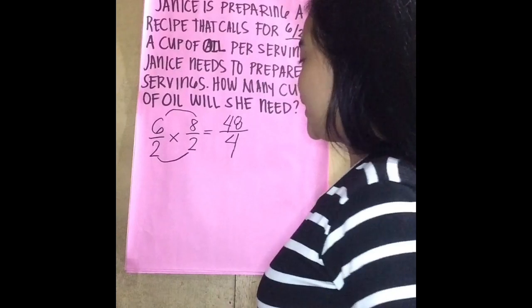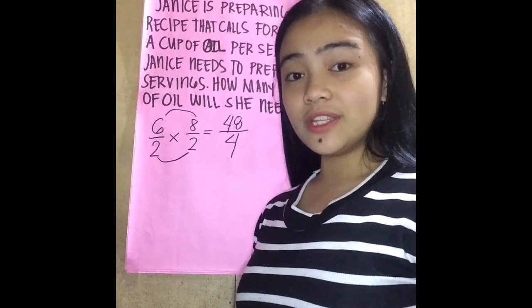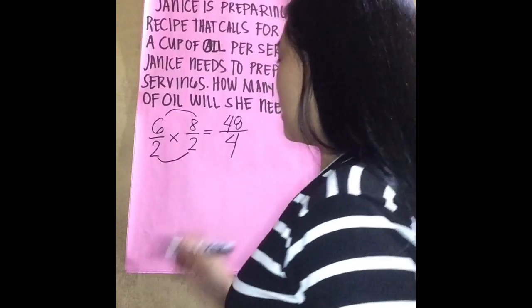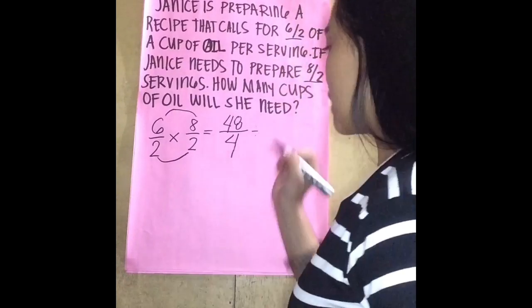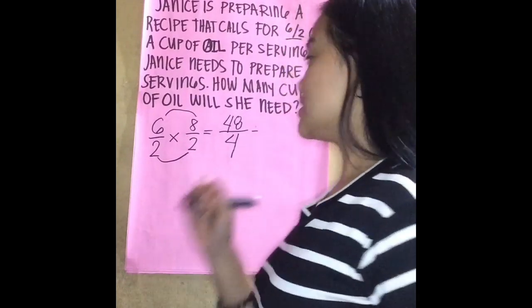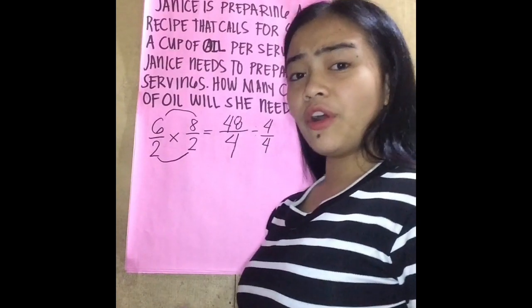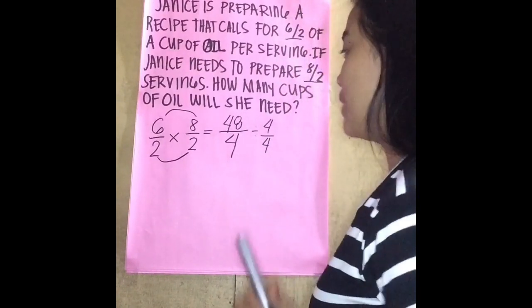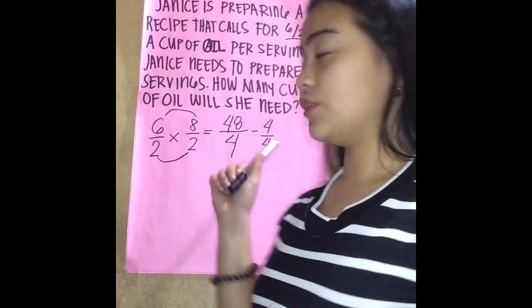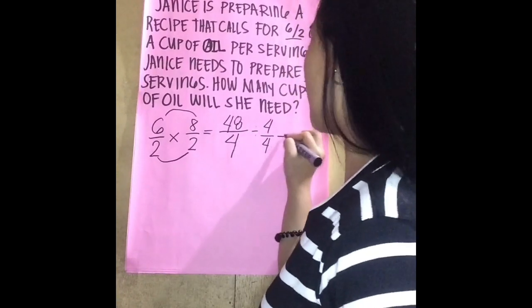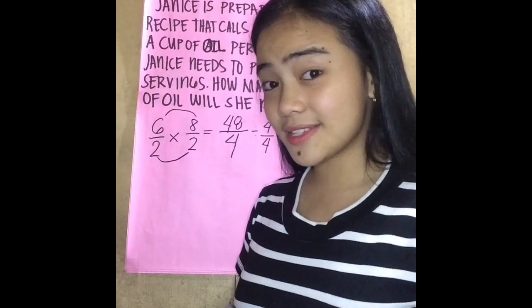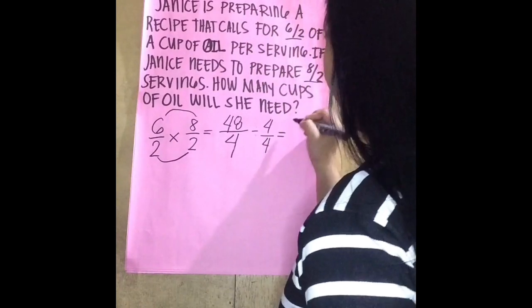But we need to simplify 48 over 4 in lowest terms. So the lowest term is using 4 over 4. Why 4 over 4? Because you can divide 48 by 4. So 48 divided by 4 is 12.